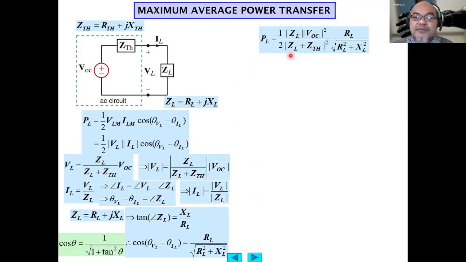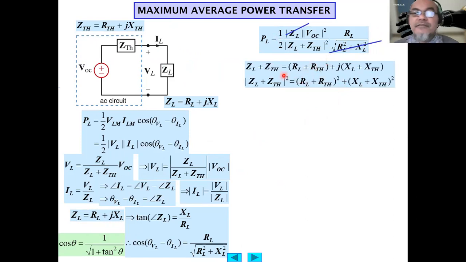The ZL is squared, but divided by ZL because only one ZL remains, multiplied by the cosine of the phase angle difference between the voltage and the current at the load, which equals RL divided by the square root of RL squared plus XL squared. Since the square root of RL squared plus XL squared is the magnitude of ZL, these cancel each other.